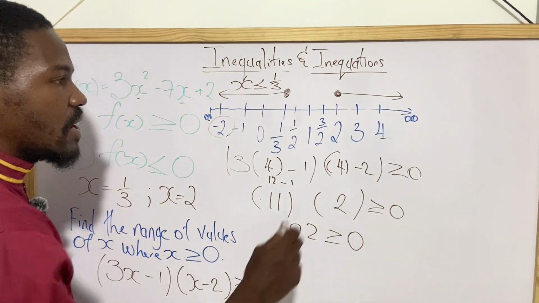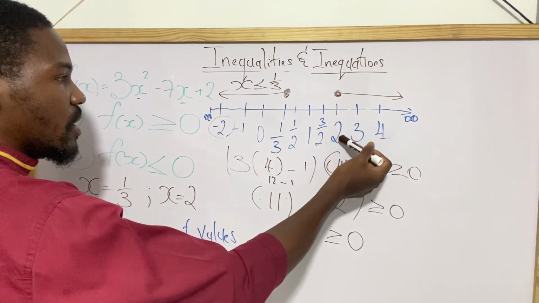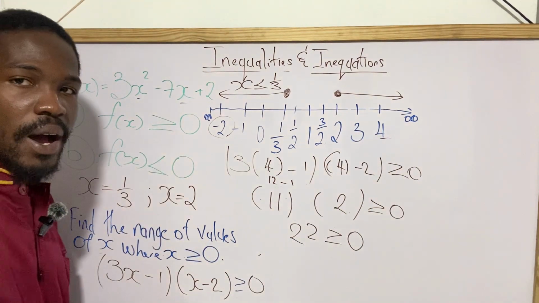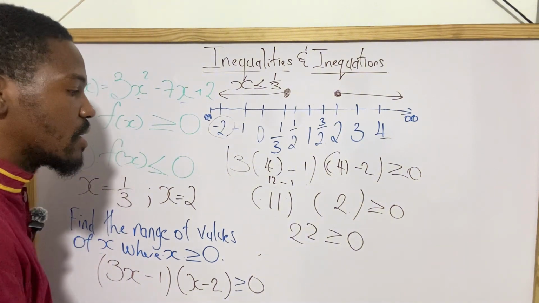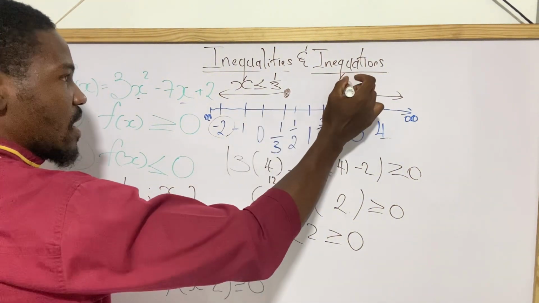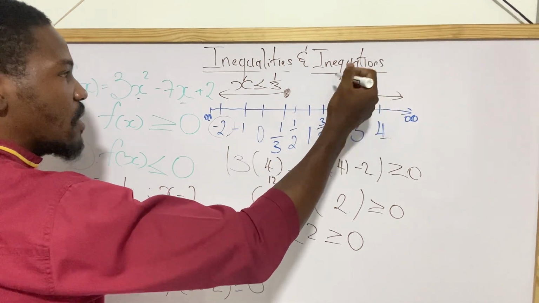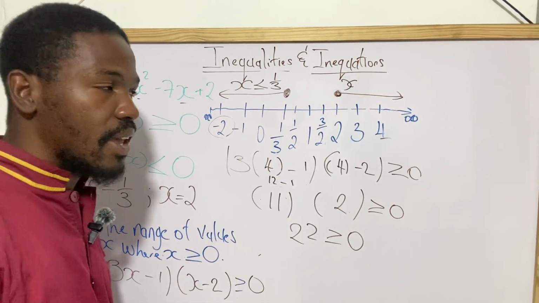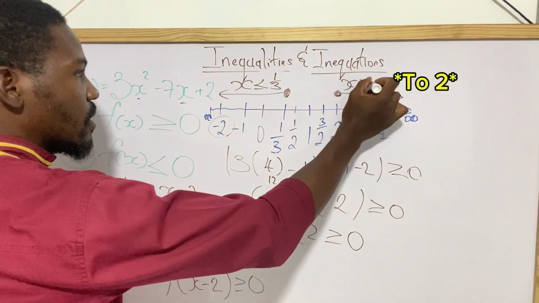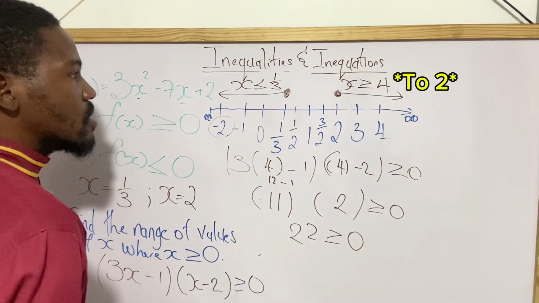So we can say that any number that is greater than or equal to 2 is going to let this equation also pass as true, right? So it is safe to say that x, now in writing my inequalities for x again, we can say that x is greater than or equal to 4. So there we have it.